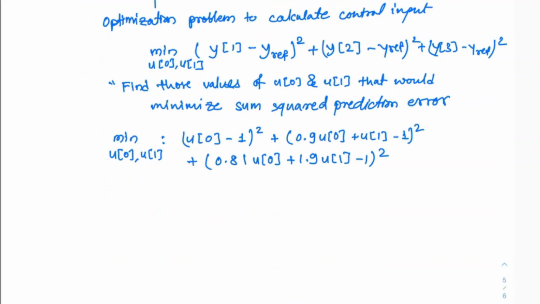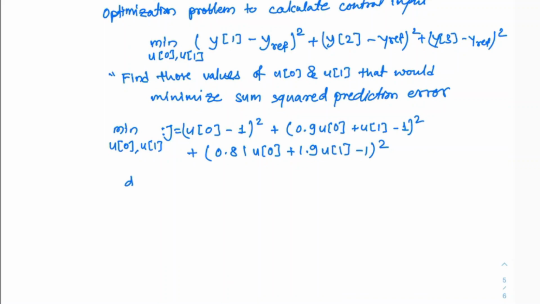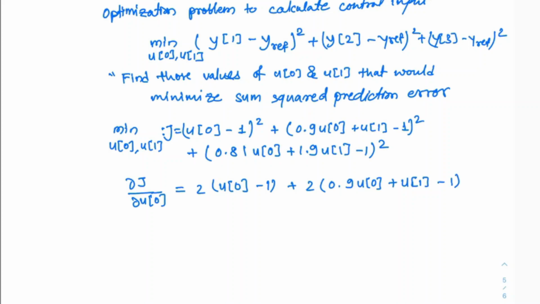Alright, how can we solve this? Let's call this objective J. We'll take the partial derivative dJ by du0. 2 will come forward: 2 in bracket u0 minus 1, and the derivative of u0 is 1, plus 2 in bracket 0.9 u0 plus u1 minus 1 multiplied by 0.9, plus 2 in bracket 0.81 u0 plus 1.9 u1 minus 1 into 0.81.